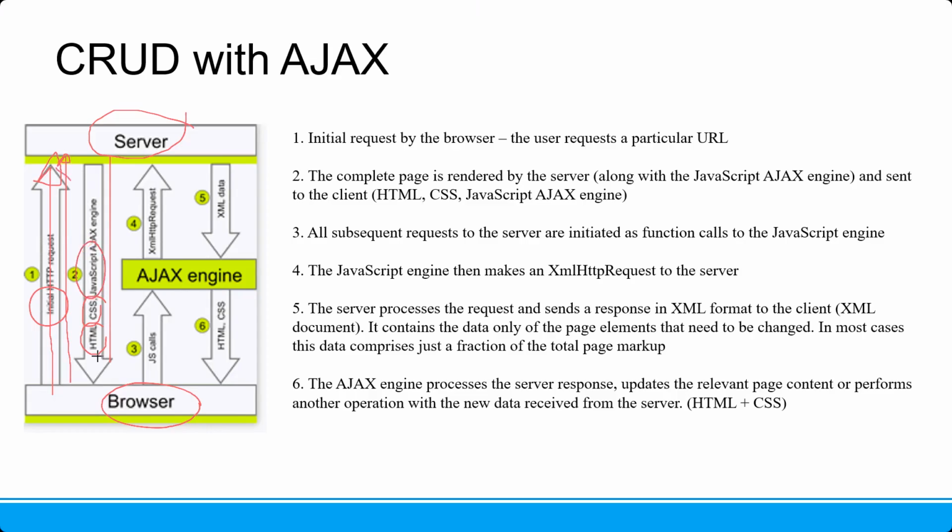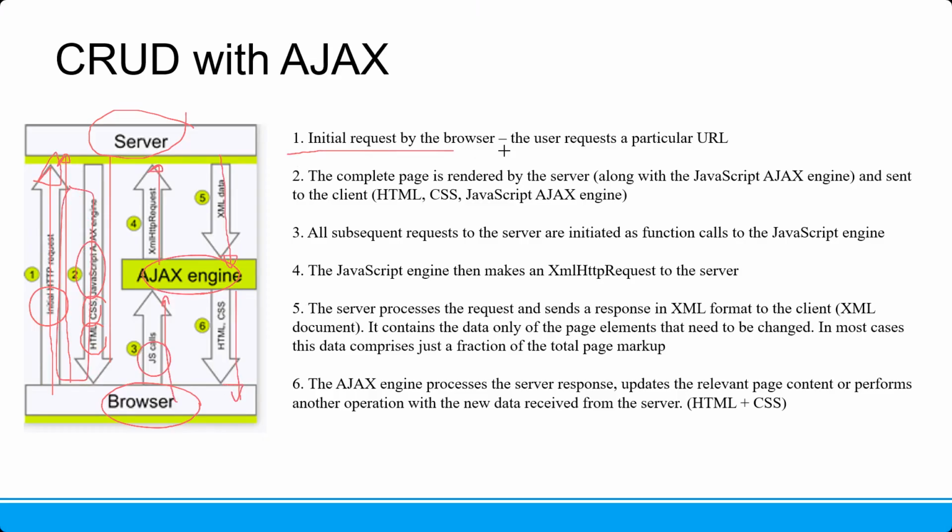After this, whenever you have a modification, you just need the JavaScript. The JavaScript goes to the AJAX engine, and this AJAX engine will modify something in the server. And the server will tell the AJAX engine to show it in the browser.